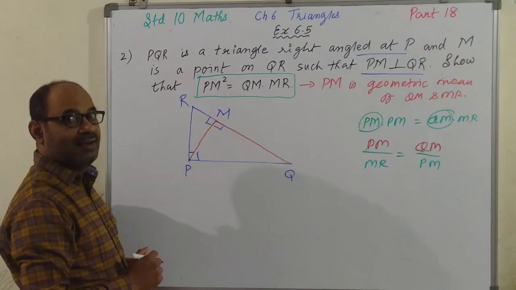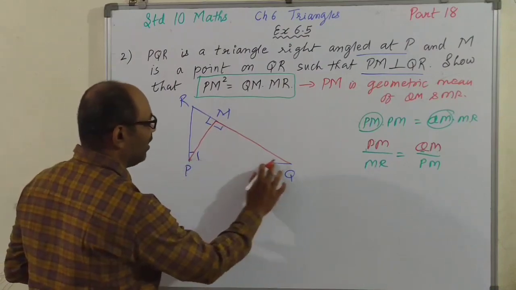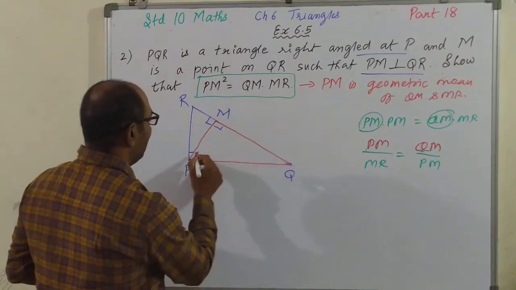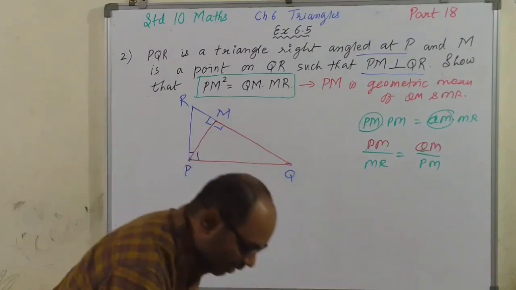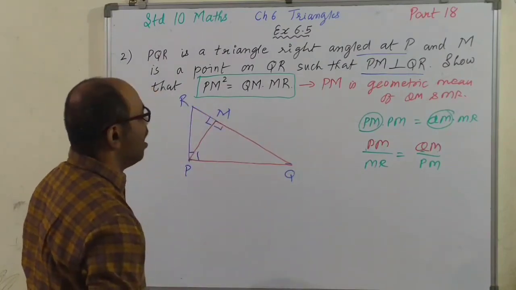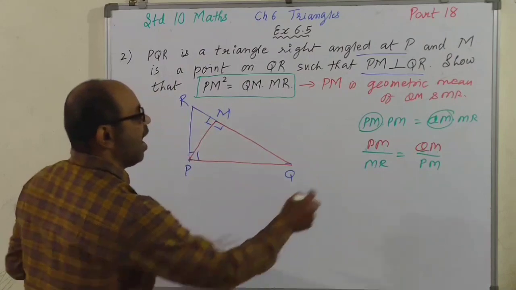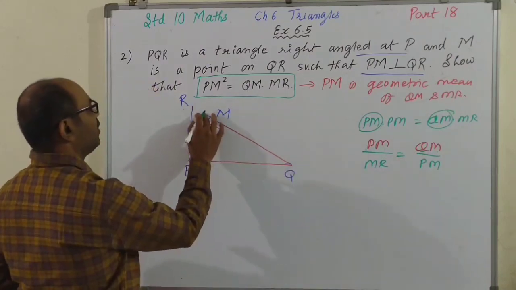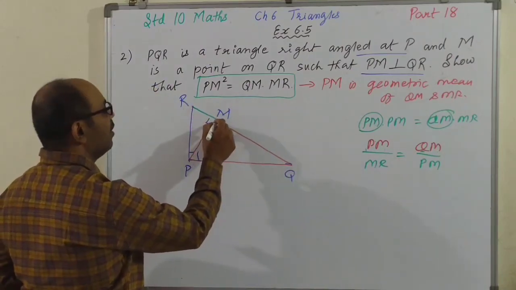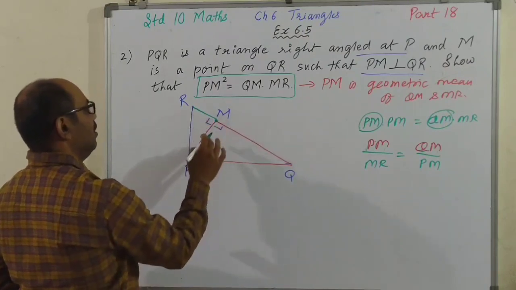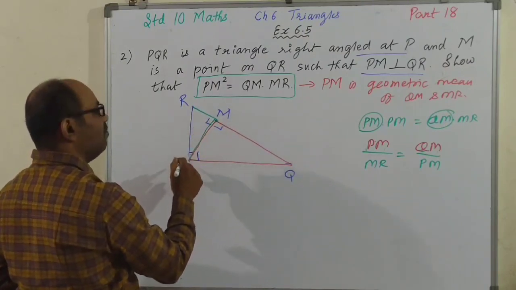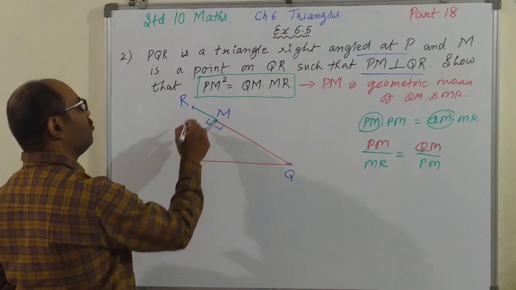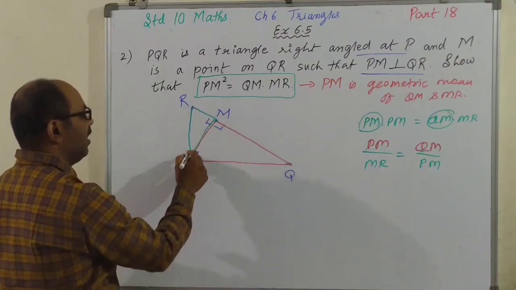This is a red triangle. Then down you have green, MR. Now this is MR, and this is PM. So the triangle is obtained. Two sides are found, and the third side is this.